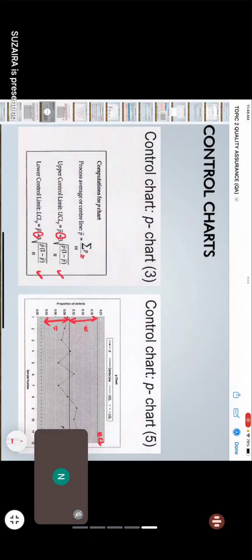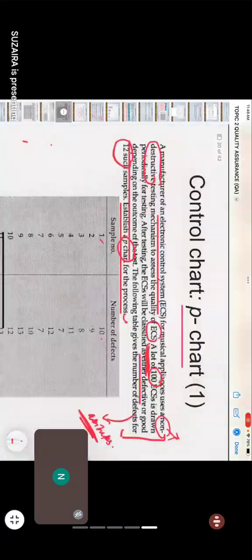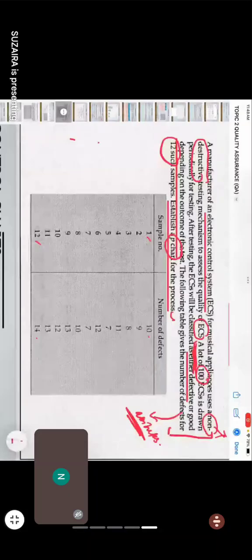So for P bar here, you have the sum of P. P ni datang dari mana? It actually comes from this one, the number of defects just now. So you have 10 plus 9 plus 8 plus 11 plus 7 plus 12 until 14.